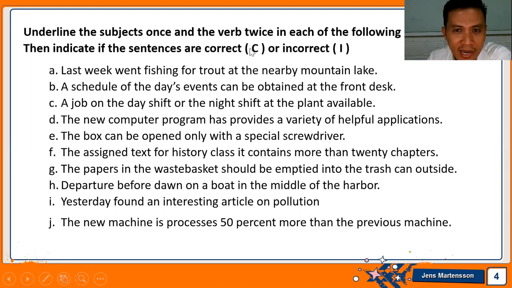If the sentence is right, say correct, and if not, say incorrect. So you have to find the subject and the verb, and decide whether the sentence is correct or incorrect. Let's start with number A.